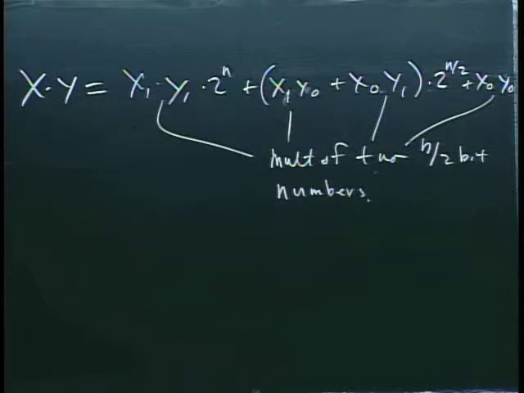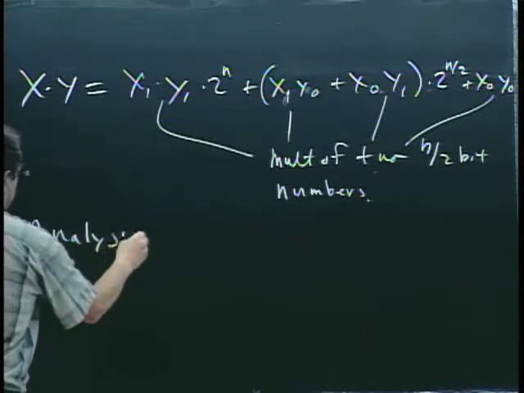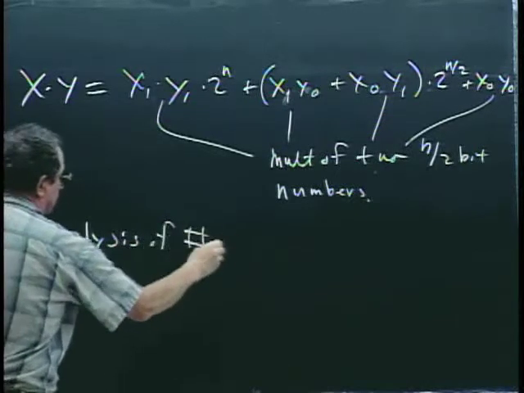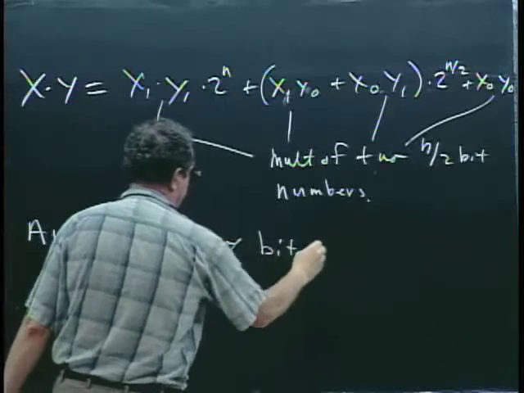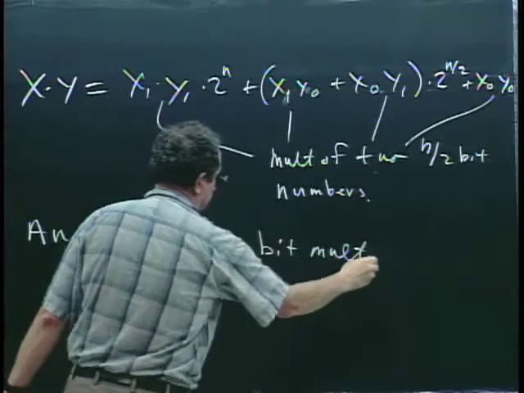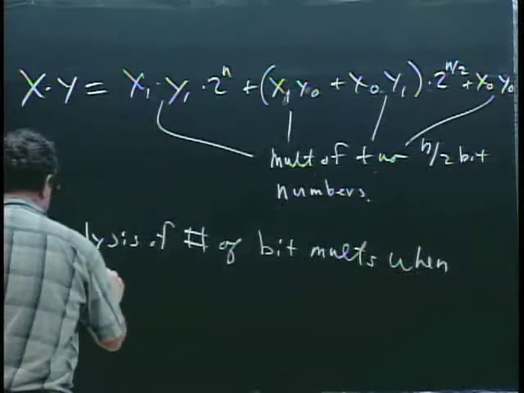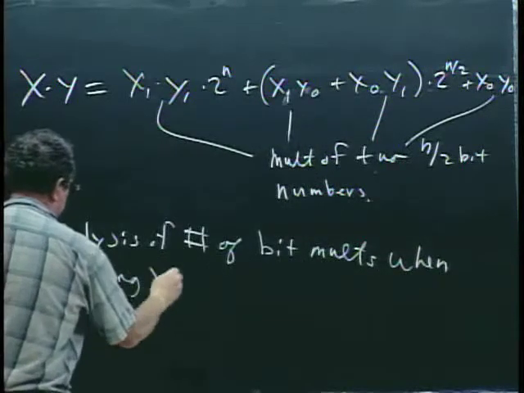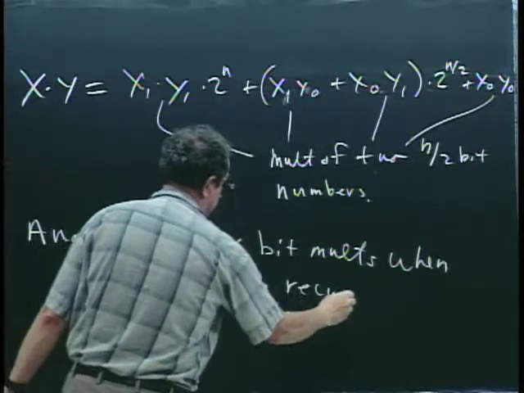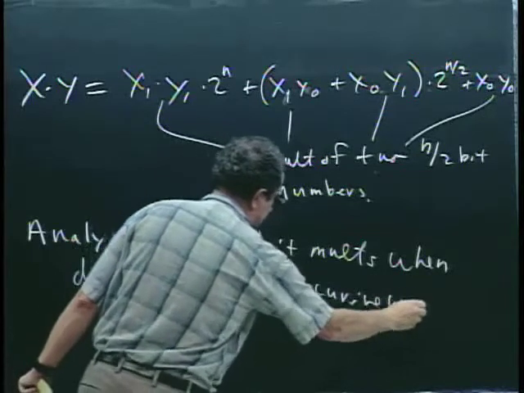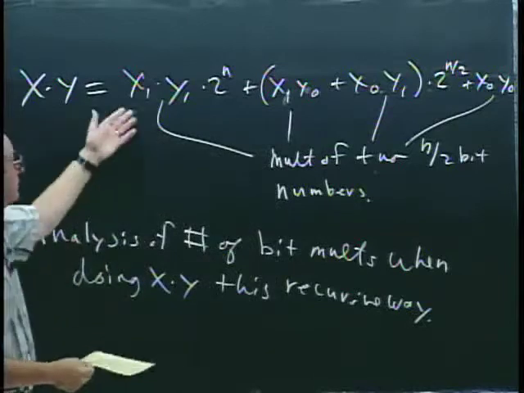Okay, so let's do an analysis of the number of bit multiplications when doing x times y this recursive way. I guess I should have stopped and asked whether everybody sees that this is correct.